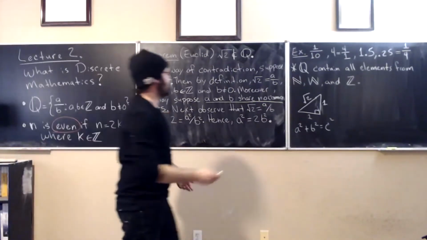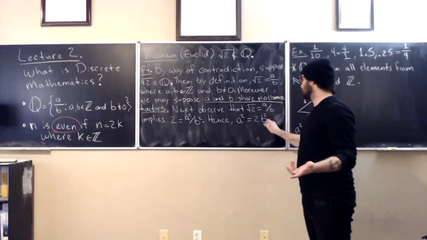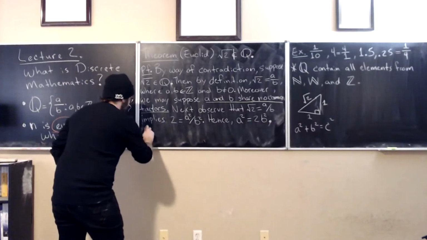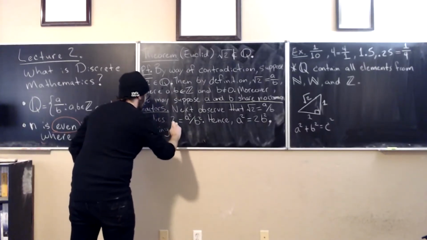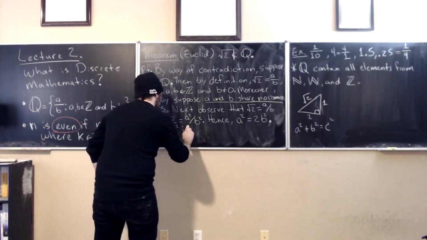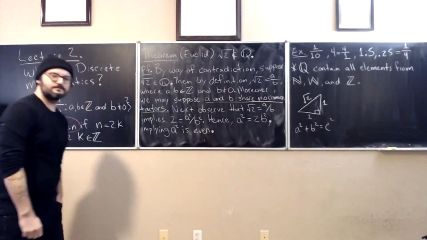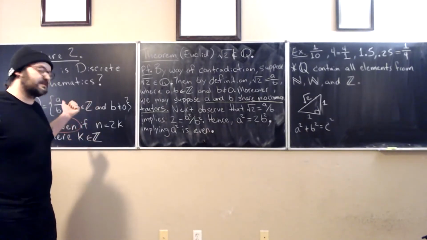So I can write that out to be clear: hence a squared is equal to 2 times b squared, implying a squared is even. Okay, so we agree that a squared is even.